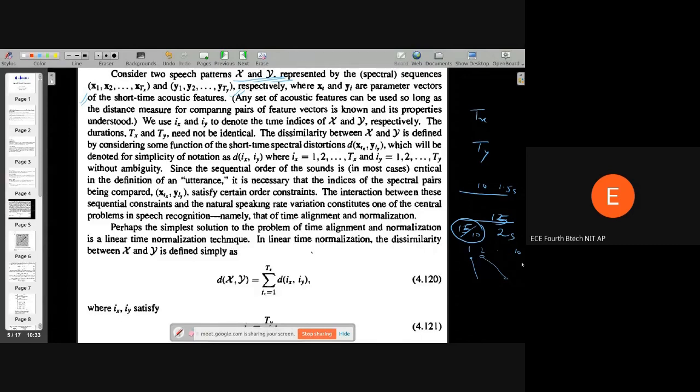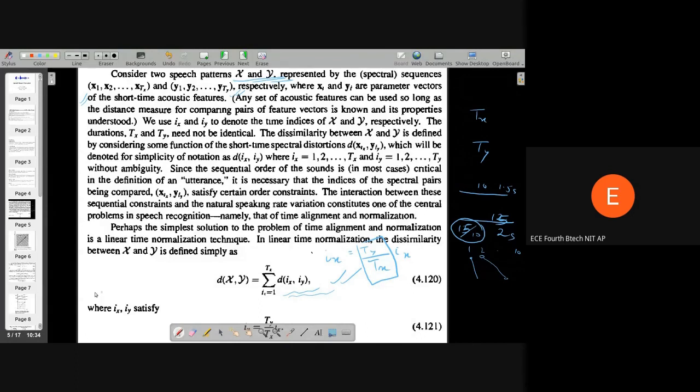That will be called linear time alignment or linear time normalization. So what you are doing in that case is this. Individual distances you are taking, based on the length of the two sequences, you are comparing the frames or the individual points.